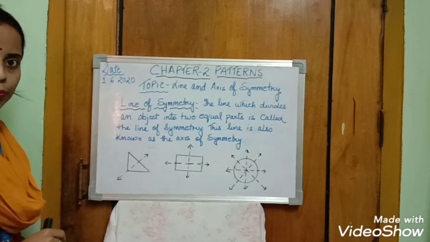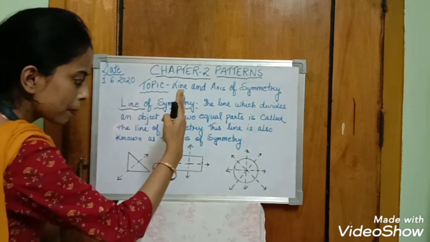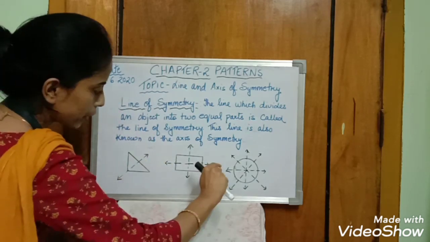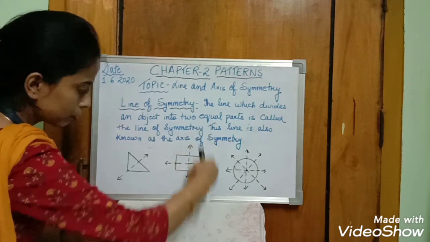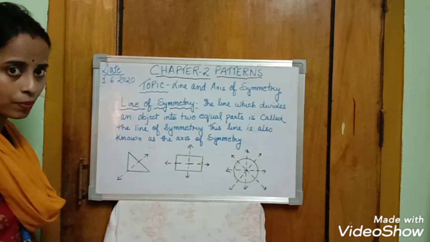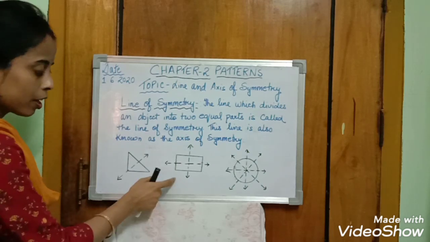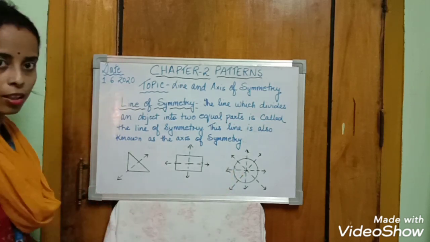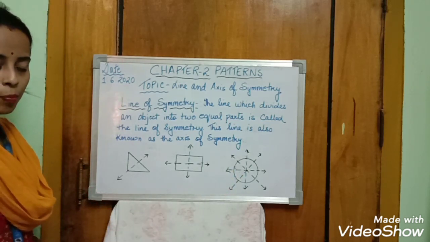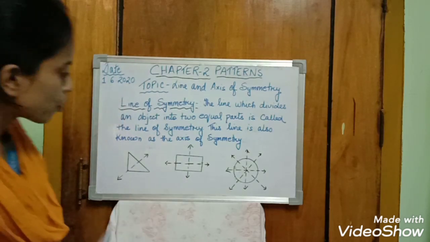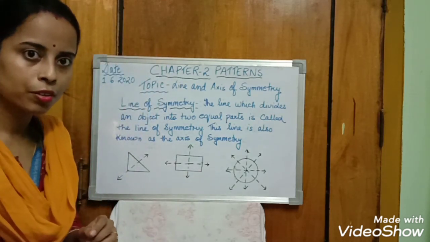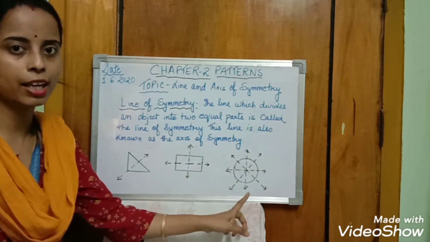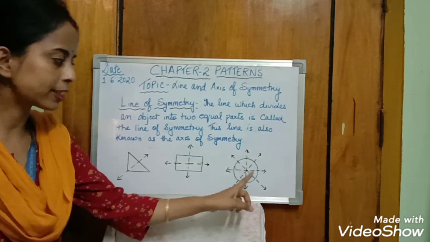Now come to the rectangle. If we divide the rectangle like this by folding, we get both sides equal halves. If we divide the rectangle by flipping, we get both sides equal. That means in a rectangle, we can draw two lines of symmetry. Now come to the circle. When there are more than two lines of symmetry, we can say infinite lines of symmetry, or we call it multi-line symmetry.